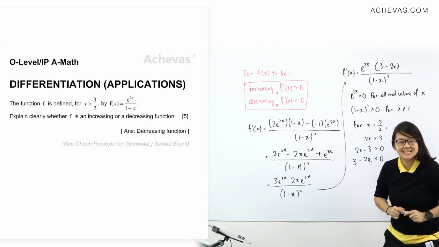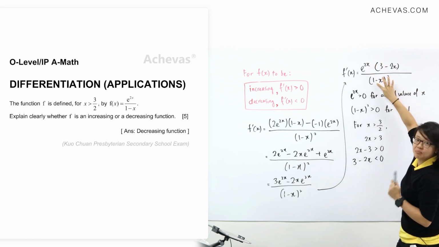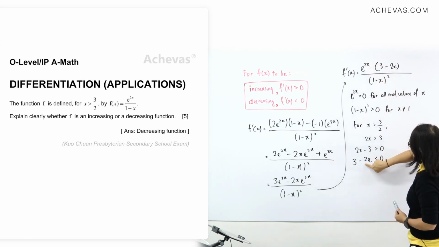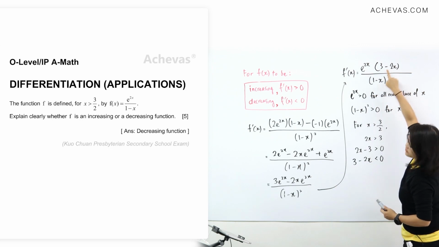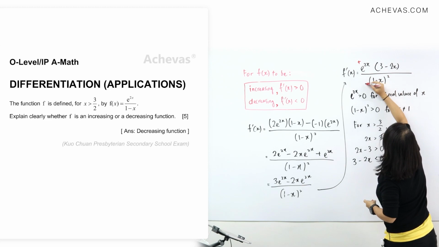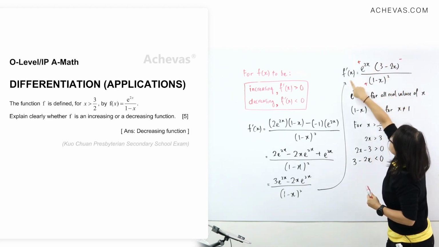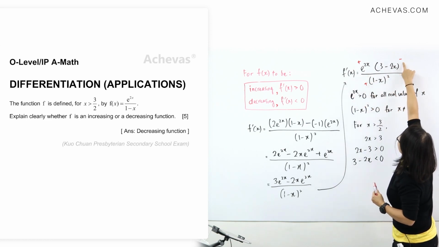Let's take a look at a discussion here. We have these two, which is this and this, are both positive. And the last one, 3 minus 2x, is negative. So which means if I have this as positive, this as positive, and this as negative, as the whole thing, f'(x) is going to be negative.